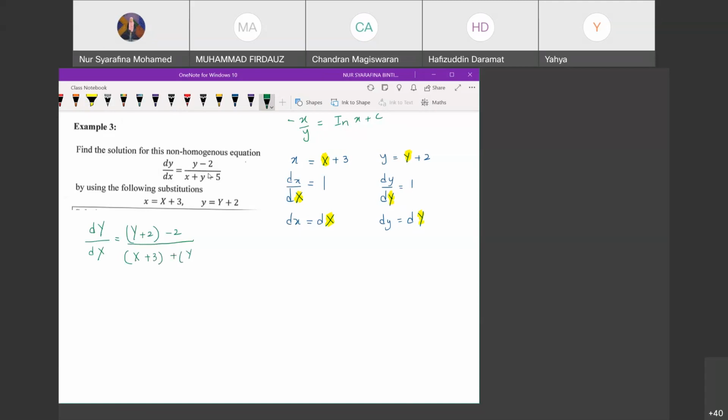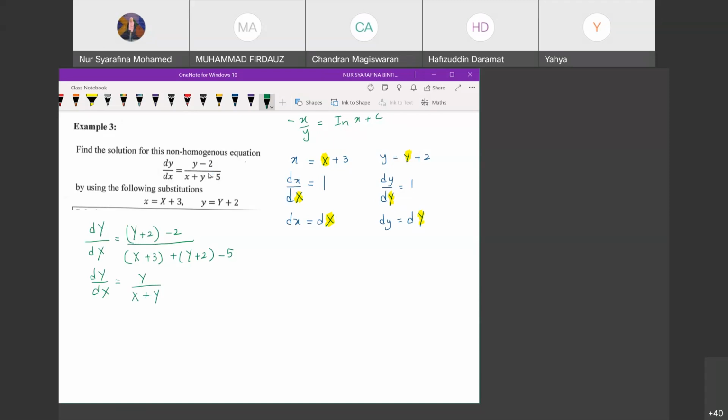Y is y plus 2 minus 5. So your dy/dx equals y plus 2 minus 5 over x plus 3 plus 2, which gives x plus 5. Okay, so this is how you reduce from non-homogeneous to homogeneous. If you check, this is homogeneous already.